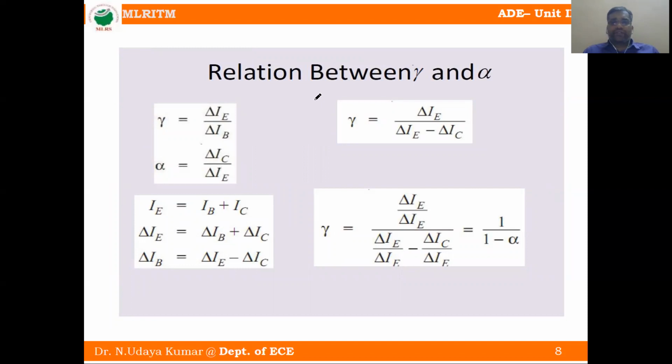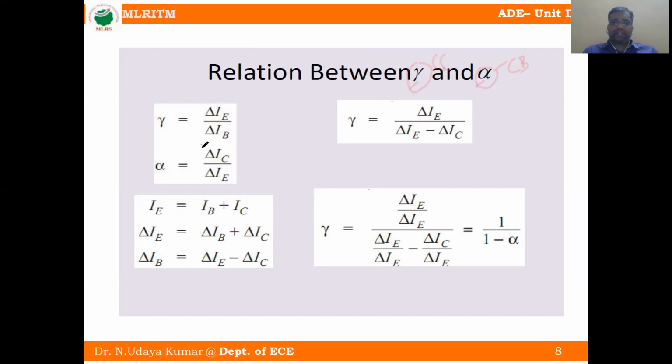Now the relationship between gamma and alpha. Generally, alpha is the current amplification factor in the common base configuration, and gamma is for common collector, CC.